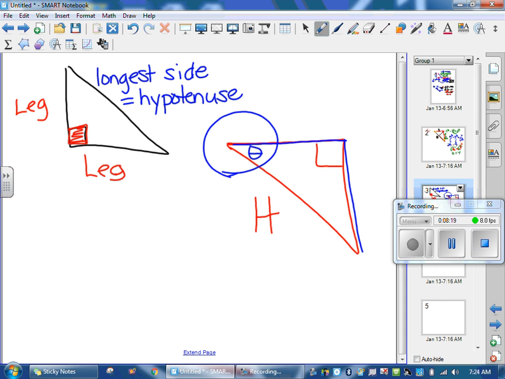So across from this angle would be called the opposite side, and it gets the symbol O. The side that is left over between your acute angle theta and the 90-degree angle is called your adjacent side, and we label it with an A. Adjacent means beside, so the adjacent leg is beside and touching the angle and the 90-degree angle.